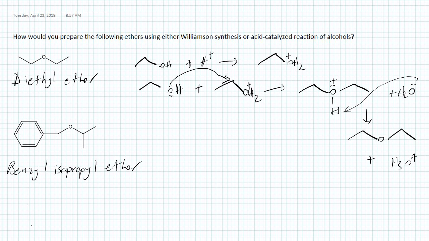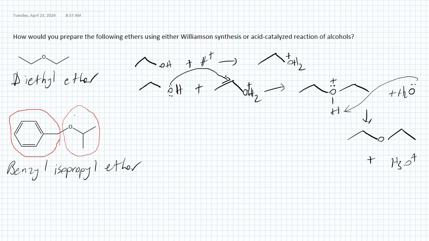So let's look at what we can do for the synthesis of benzyl isopropyl ether. Definitely this part is going to be our nucleophile because it's going to be a secondary alcohol, and if we deprotonate secondary alcohol, we are going to generate an isopropoxide nucleophile. Then if we use this part as our substrate, it's going to be a primary halide or tosylate.